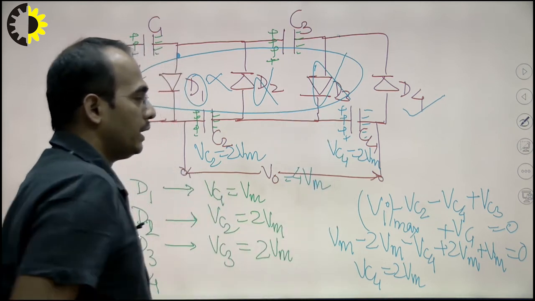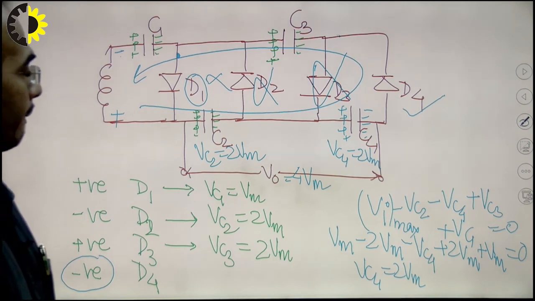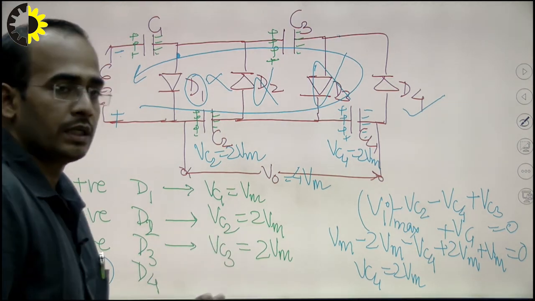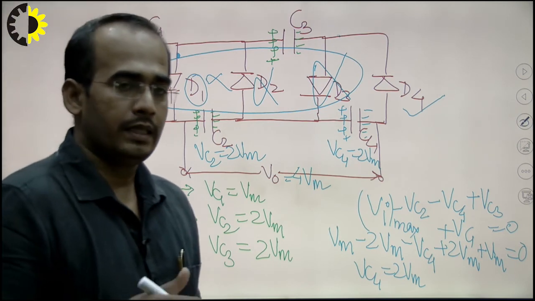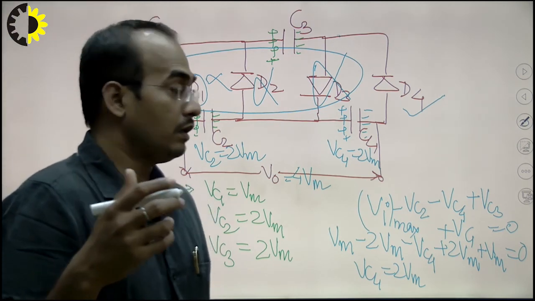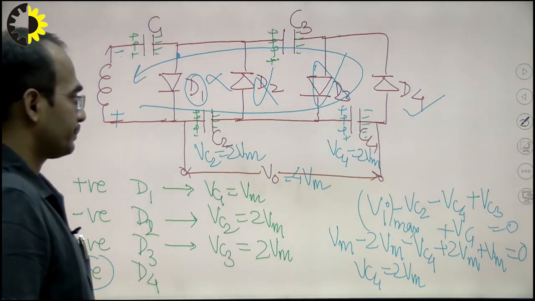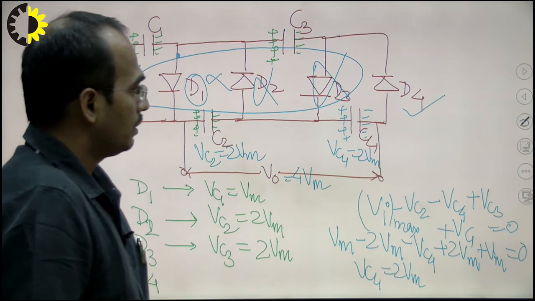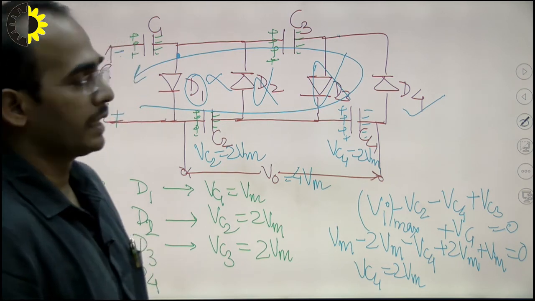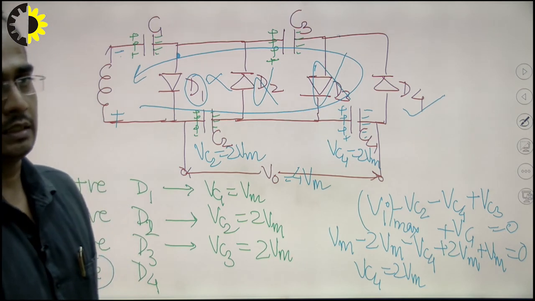So, in this way this voltage multiplier circuit is multiplying the peak value of the input signal by some constant value. In this way we can get twice of Vm, thrice of Vm and 4 Vm output at the voltage multiplier circuit.